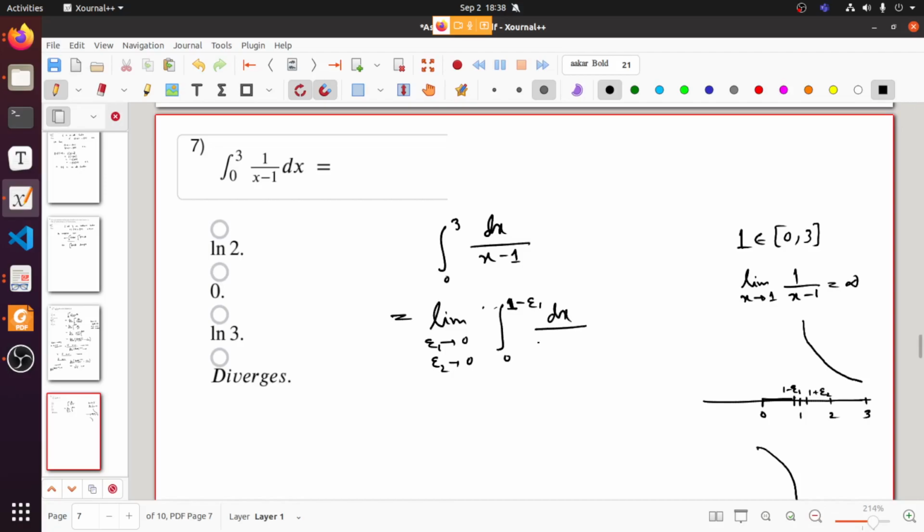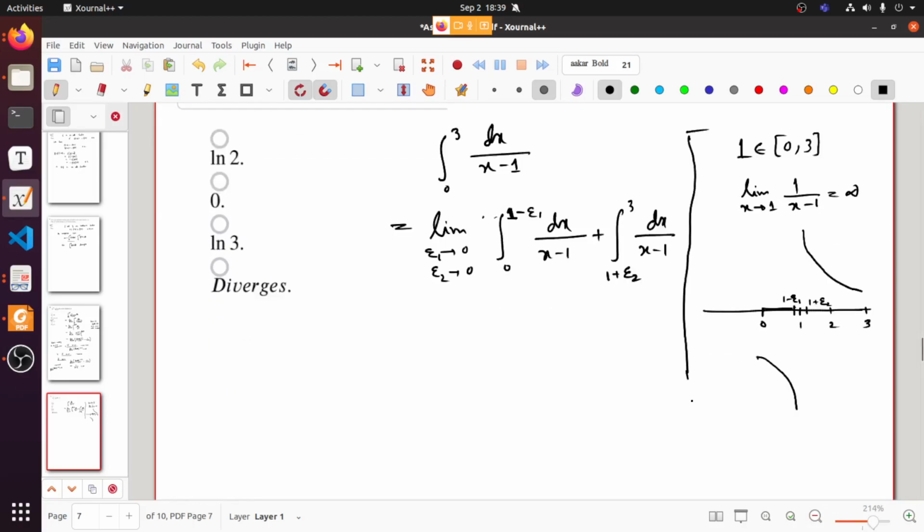So this is dx by x minus 1 from 0 to 1 minus epsilon 1, plus the integral from 1 plus epsilon 2 to 3 of dx by x minus 1. We have written it like this. This is the curve of 1 by x minus 1.